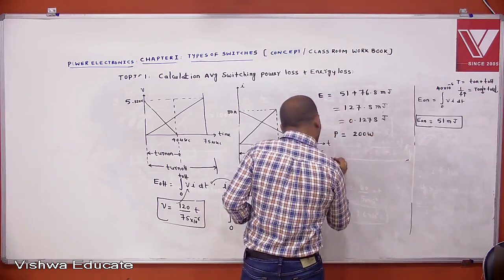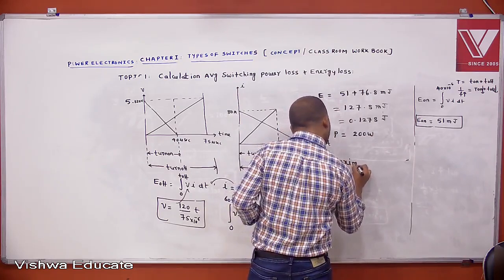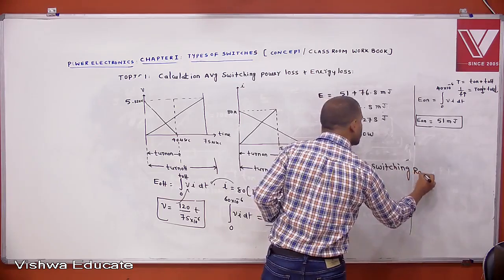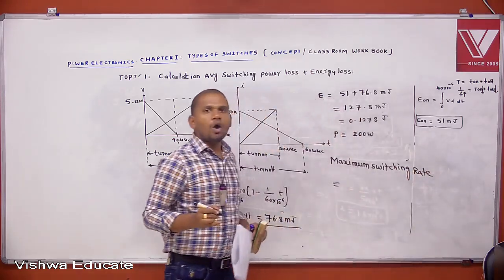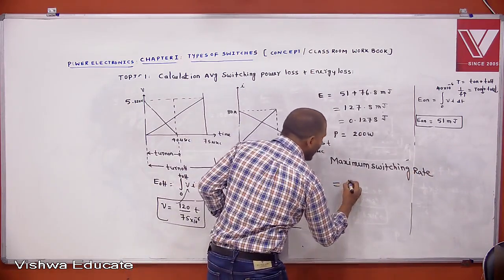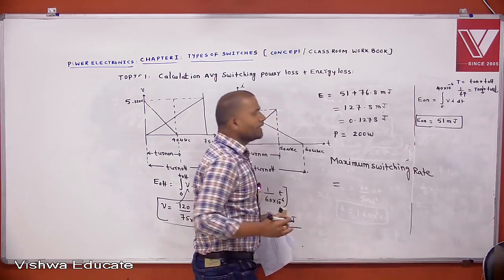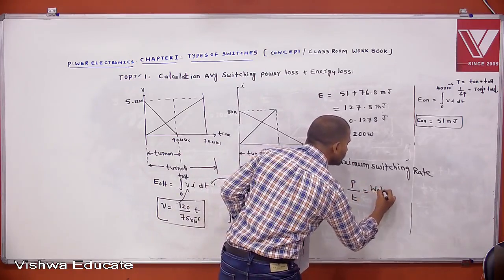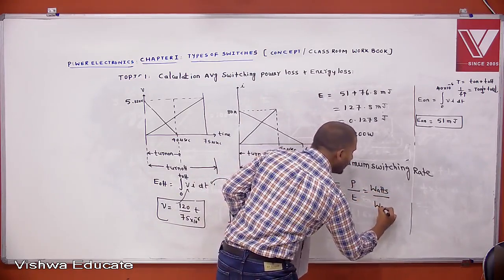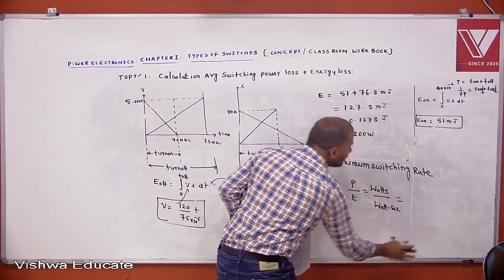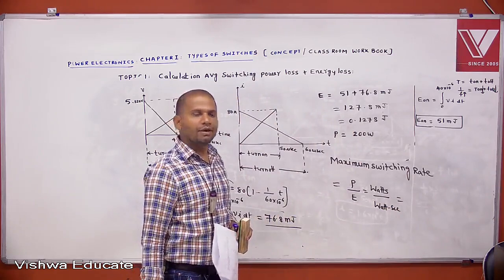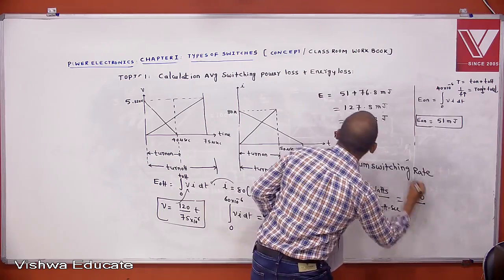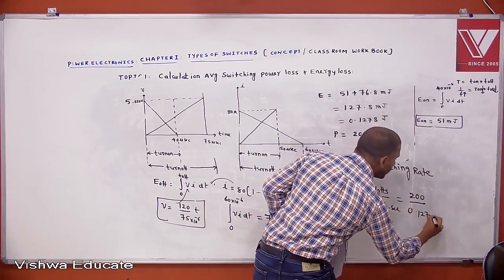Then we want the maximum switching rate, or frequency. How to get the maximum switching rate? Power by energy. Power is watts, energy is watt-second. Power is 200 watts, energy is 0.1278 joules.